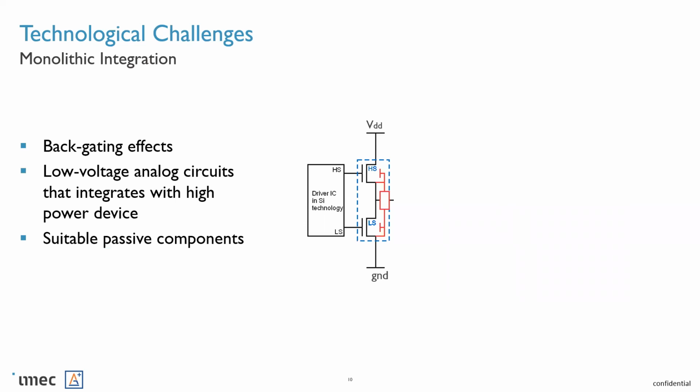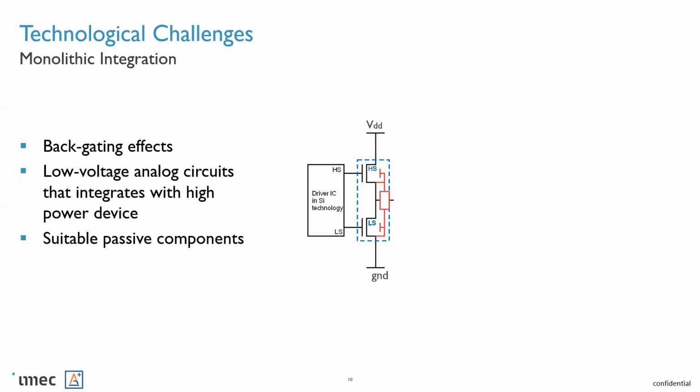To start with the technological challenges, the first thing we see is the backgating effect. This is not something new; we also see it in MOS. When there is a voltage difference between the substrate and the source, we see a backgating effect, and we see a similar thing in this technology.